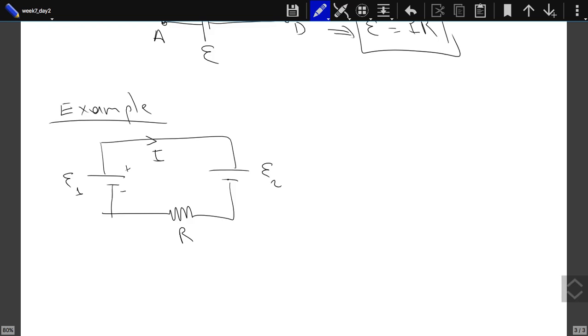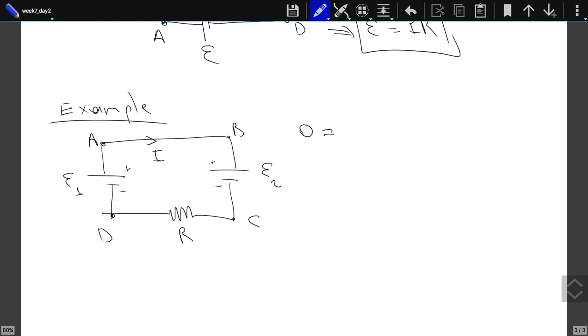So this is the negative, this is the positive terminal, negative, the positive terminal. A, B, C, D. Let's write the potential drop from the point A to the point A. It should be 0. As I go from A to B, what is the potential drop? 0.